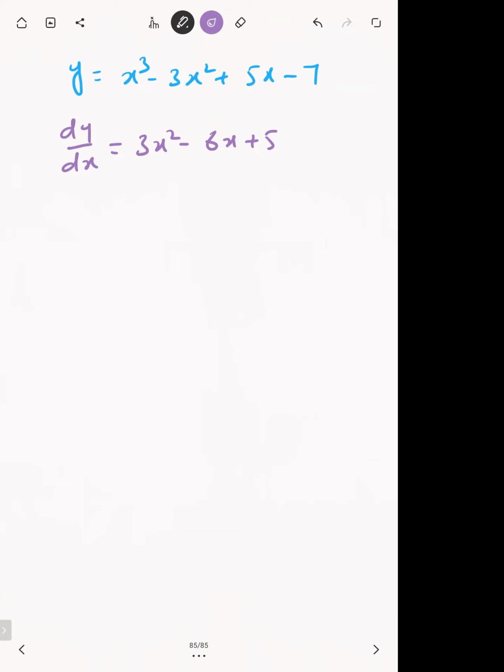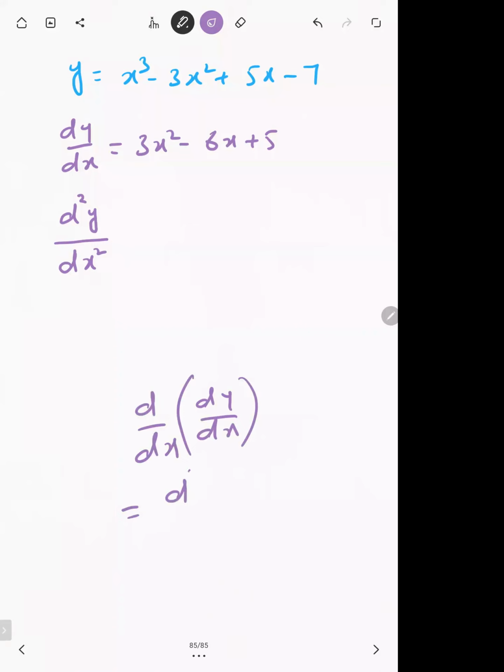And how to write the second derivative? The first derivative is dy by dx. The second derivative is written like this: d square y by dx square. Why? Once you have dy by dx, if you apply d by dx on dy by dx, it becomes d square y by dx square. So that's the notation used for the second derivative.